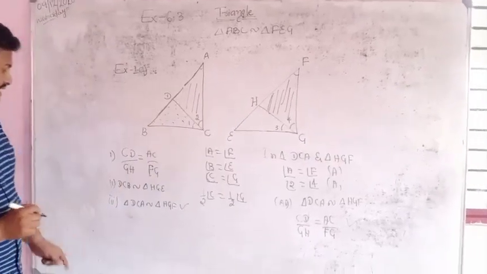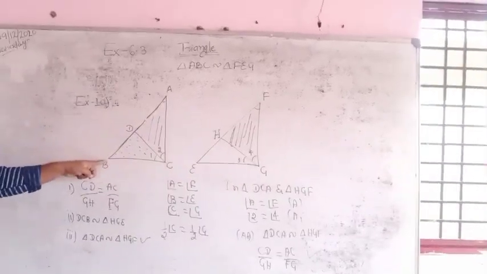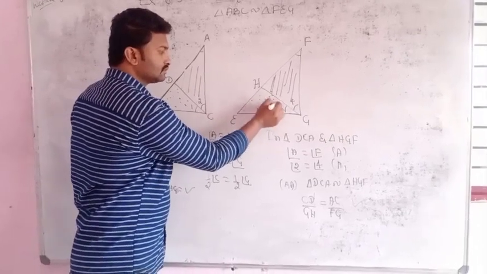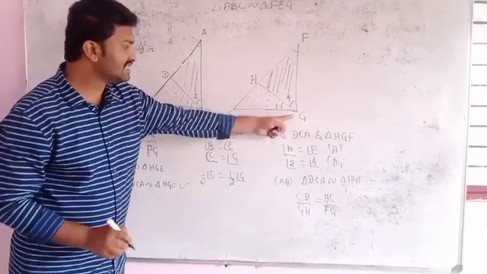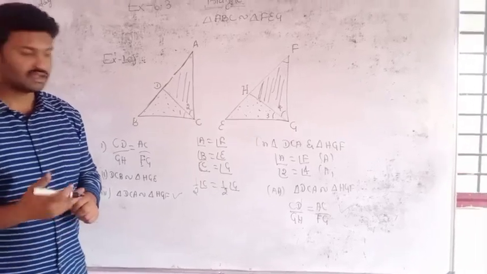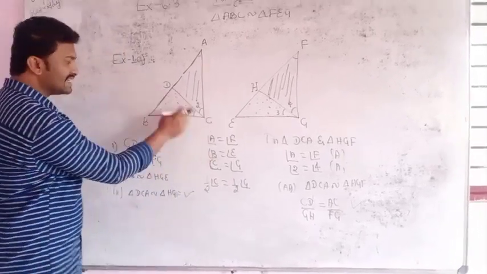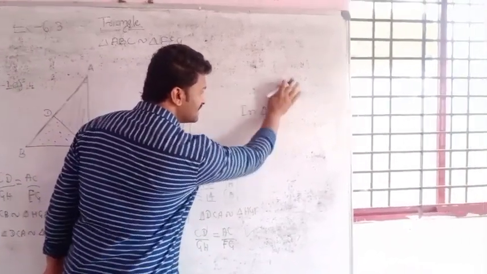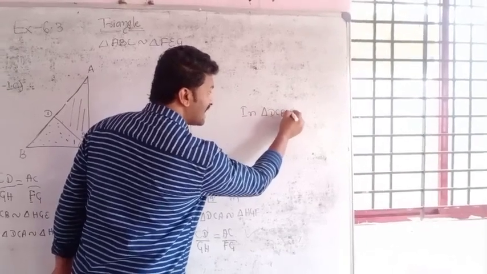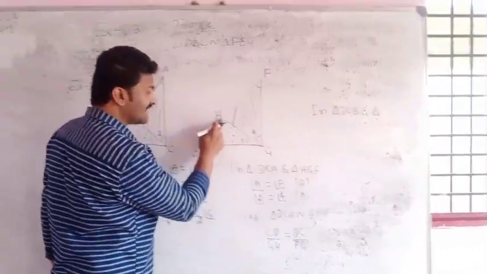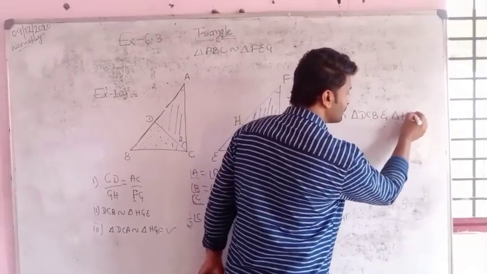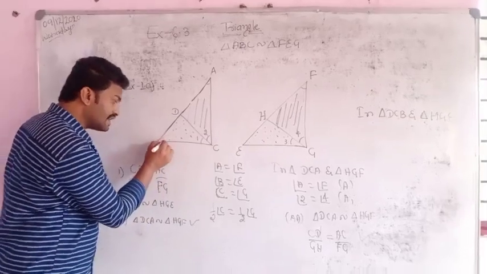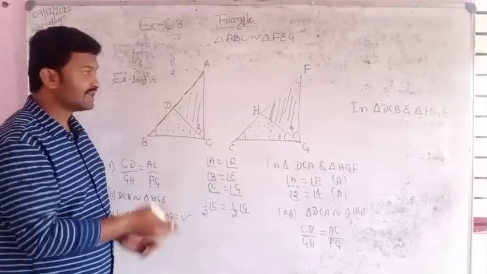Which triangle? DCB is similar to HGE. Already in triangle DCB and triangle HGE, we know angle B equals angle E. Why?